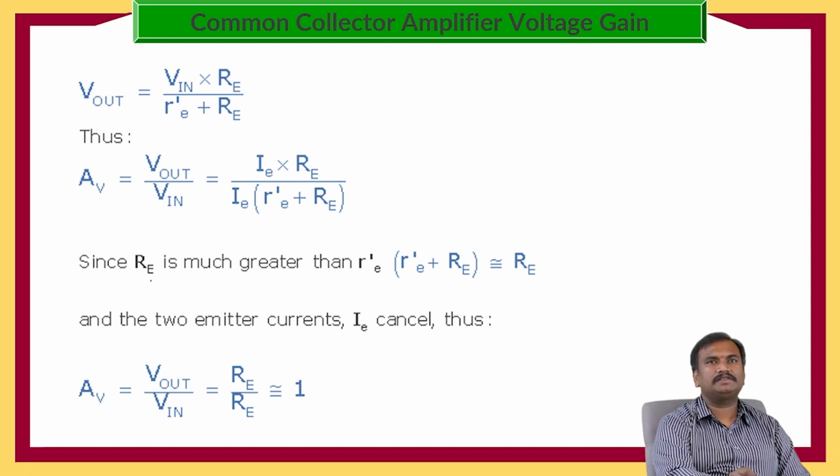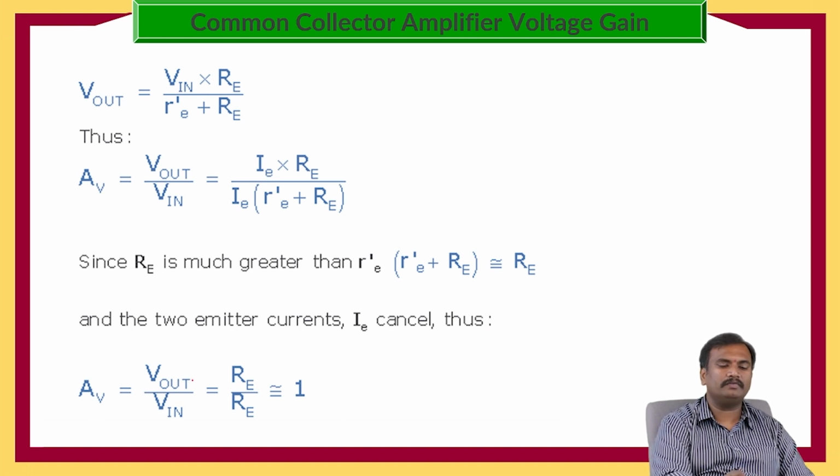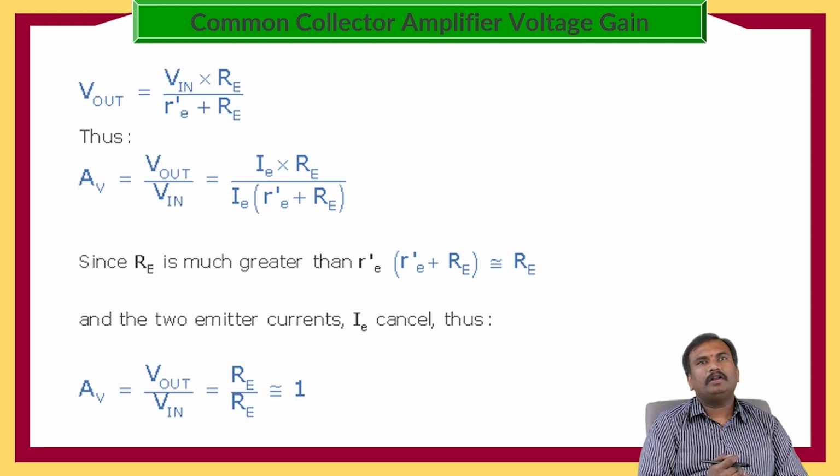Here the RE value is much greater than RE dash, the junction resistance, so RE dash plus RE can be considered as RE. The two emitter currents IE get cancelled. Thus AV is V output by V input, which is RE by RE, which is equal to 1. Now we have the gain of the common collector amplifier as 1.